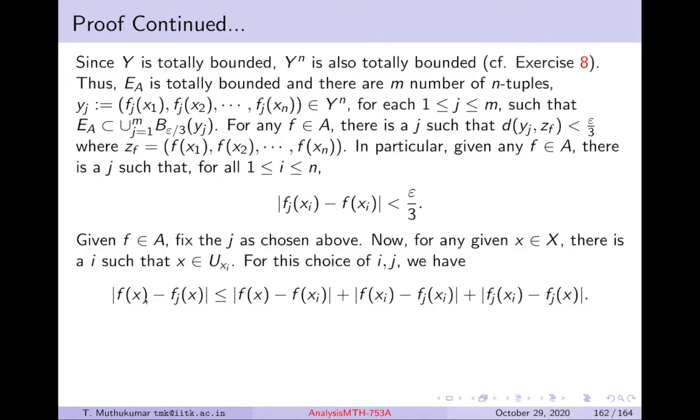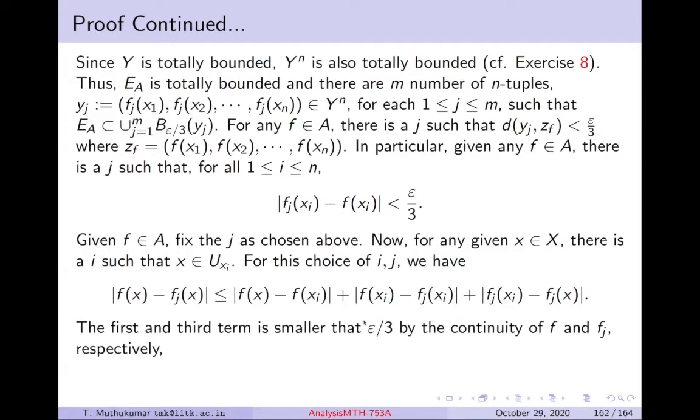Then if you look at this quantity fx minus fjx, and you add and subtract f of xi and fj of xi, then by the triangle inequality you have these three terms. Now this first term and this third term, both are less than epsilon by 3, by the continuity of f and by the continuity of fj. Both are continuous functions, so they are both less than epsilon by 3.